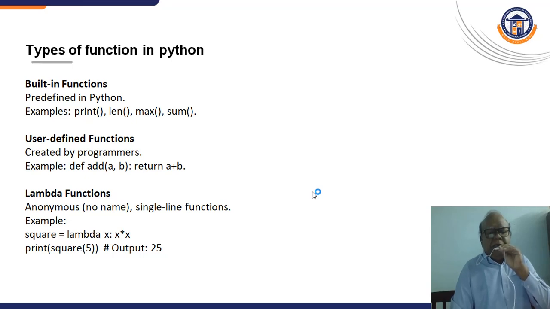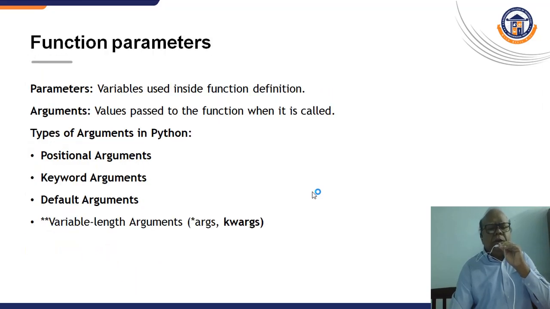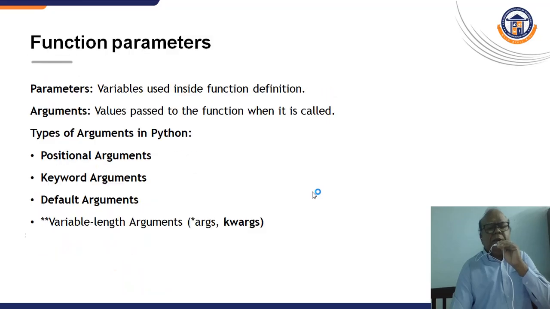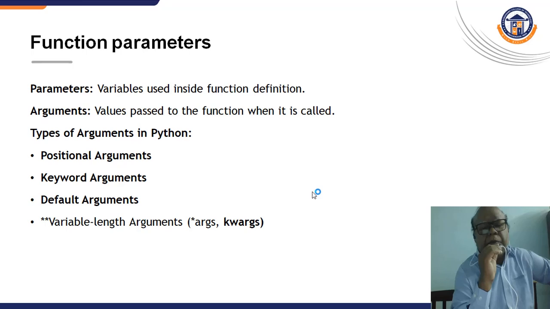A comma b is the parameter. Similarly, the values you pass from the main program are called arguments. What is passed from the main program is called arguments. This value will be substituted for the variables in the function.